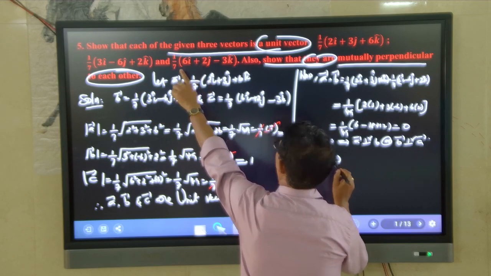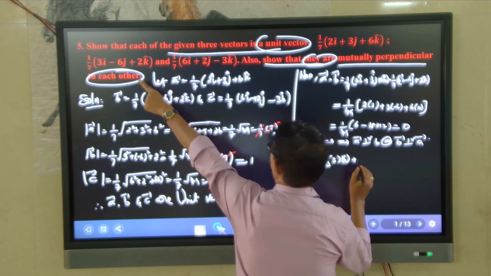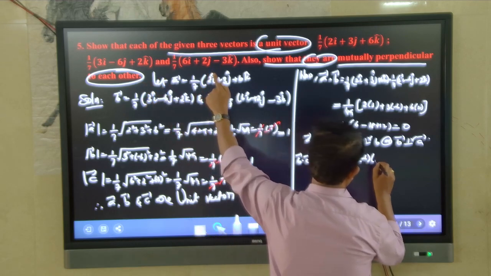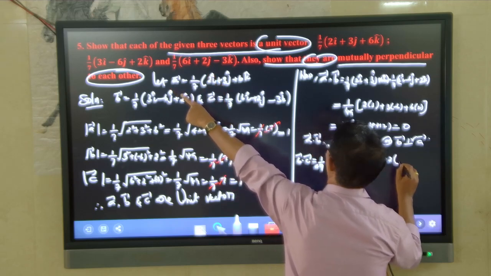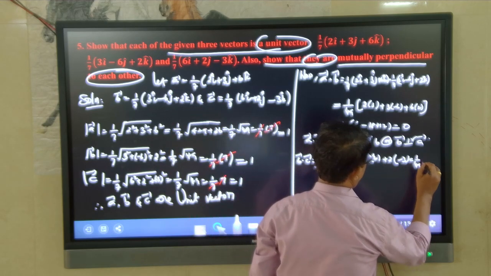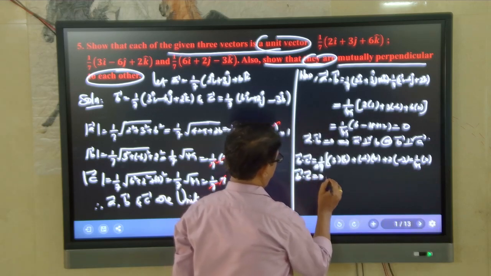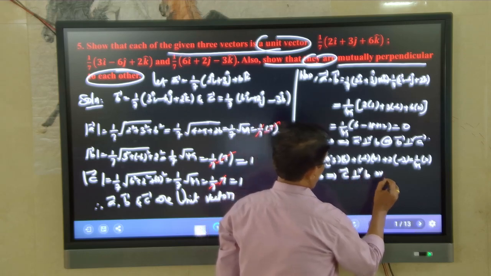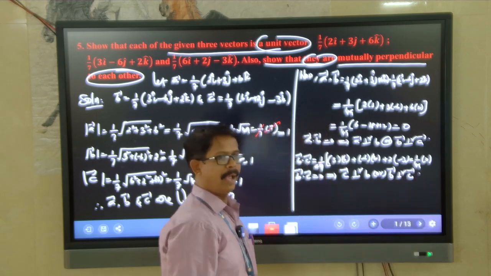Look at this: coefficient of i is 6, plus coefficient of j, minus 6 into 2, next plus 2 into minus 3. That is also equal to 1 by 49 into 0. That is, B dot C equal to 0 means C vector is perpendicular to B vector or B vector perpendicular to C vector.